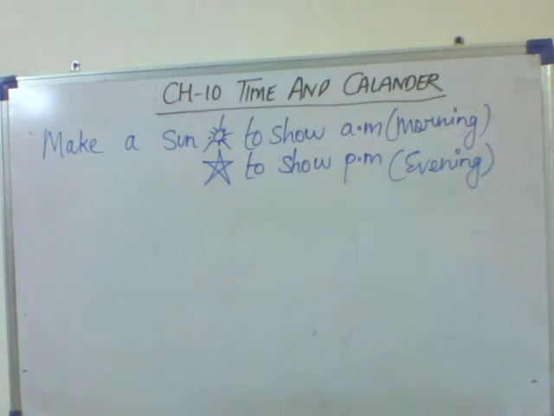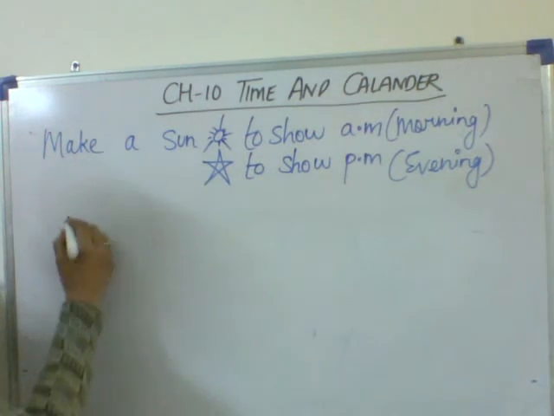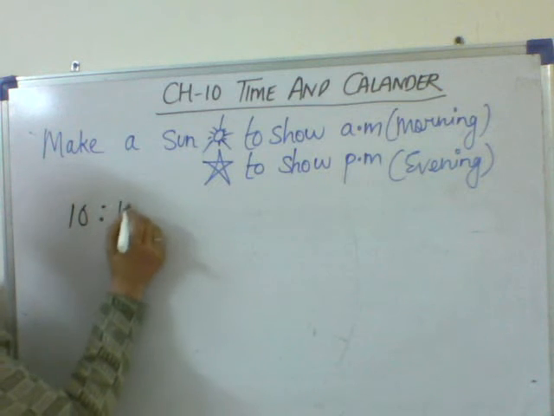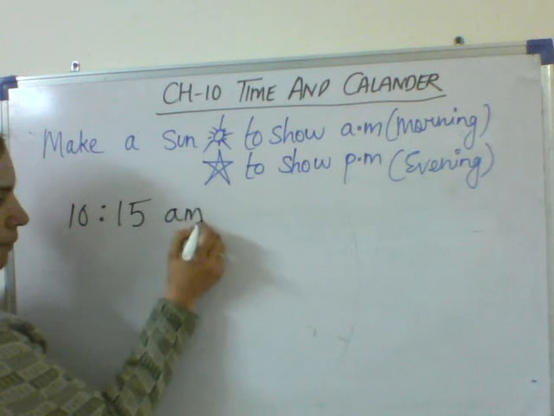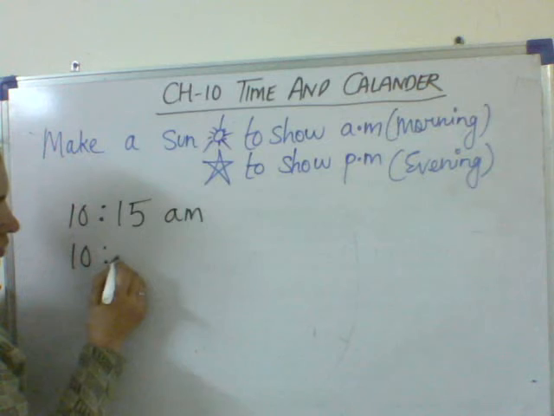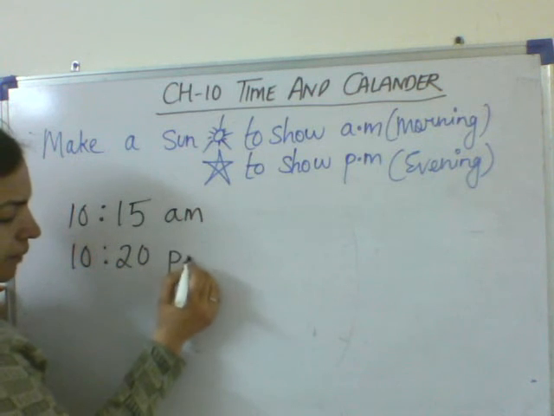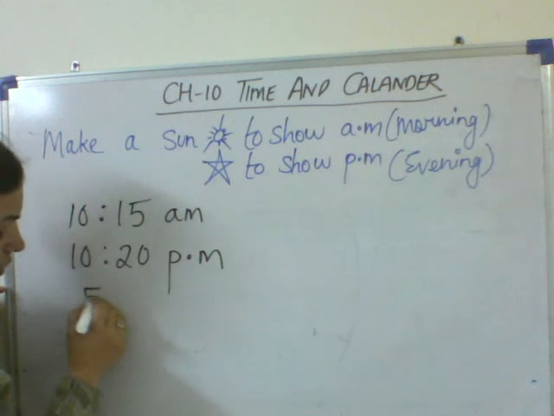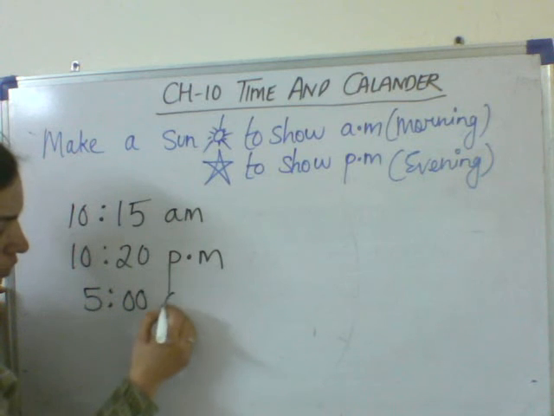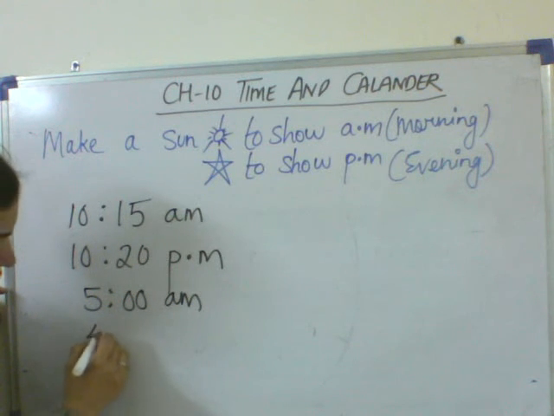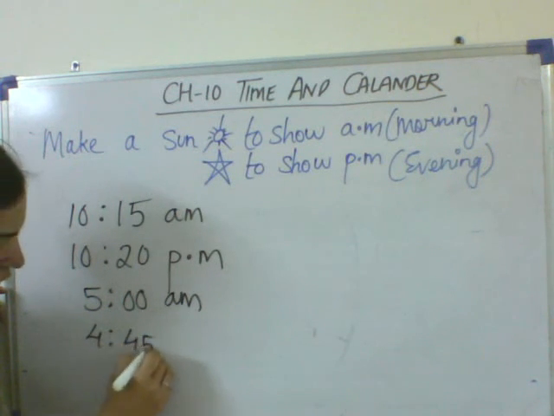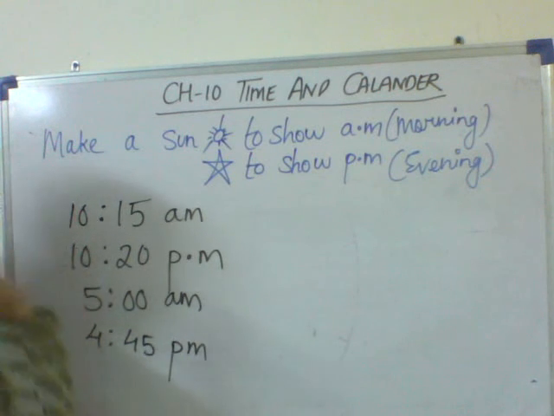Now suppose I write here the times 10:15 AM, 10:20 PM, 5:00 AM, 4:45 PM.